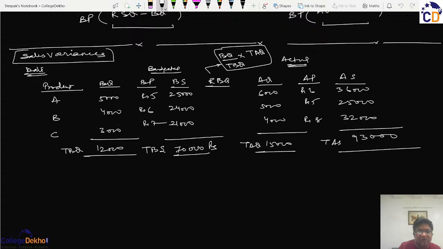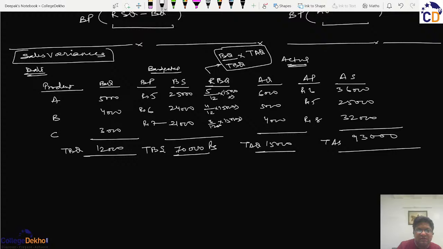That is, this will be 5,000 divided by 12,000 into 15,000. This will be 4 upon 12 into 15,000. And this will be 3 upon 12 into 15,000.